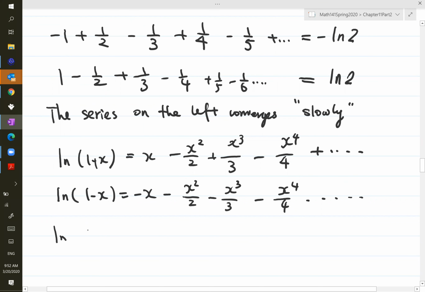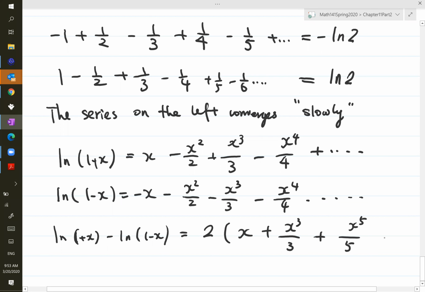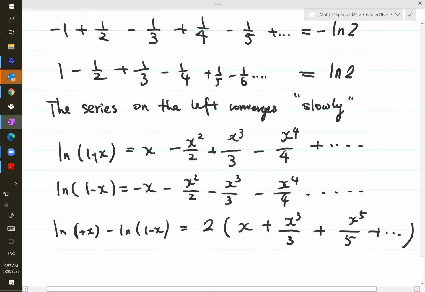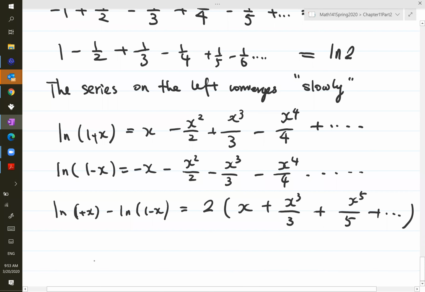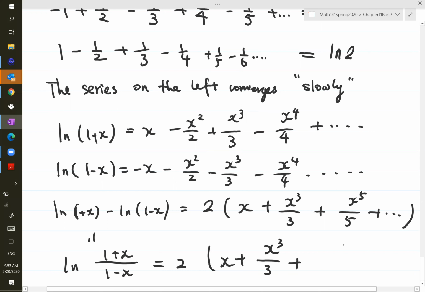Now we use the fact that we can make the subtraction into a single logarithm, and we get ln of (1 + x) over (1 minus x) equals twice x plus x cubed over 3 plus x to the 5 over 5, etc., all the odd powers of x.